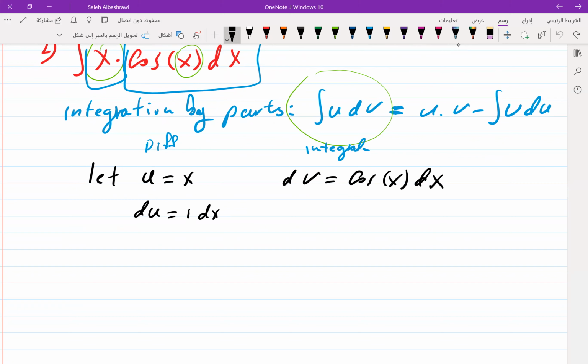Differentiate the first one, integrate the second one. Now the integration of cosine, I will have v. If we integrate, I will get sine x. So differentiate the first, integrate the second one. Now multiply x times v.